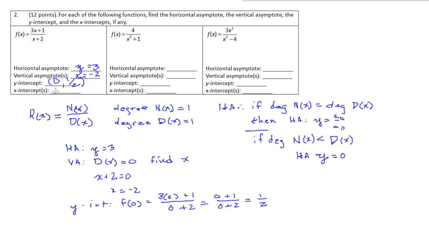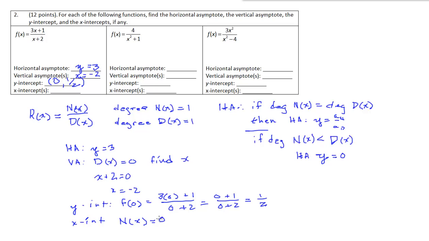So the y-intercept is a point, it's (0, 1/2). And then for the x-intercepts, well, the x-intercepts are the value of x when the function is 0. Now the function is 0 only when the numerator is 0, so long as the denominator isn't also 0. So to find the x-intercept, we solve n of x equal to 0.